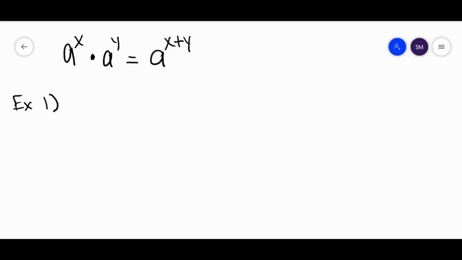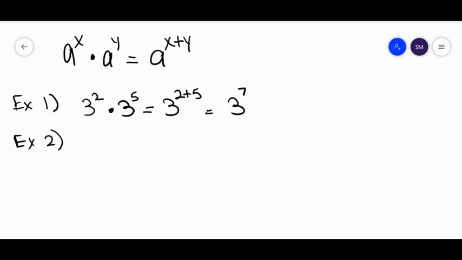So for example, 3 squared times 3 to the 5th would give me 3 to the 2 plus 5, which is 3 to the 7th. M to the 4th times m to the 21st would give me m to the 25th.